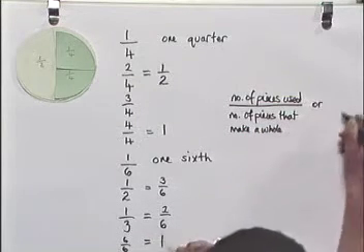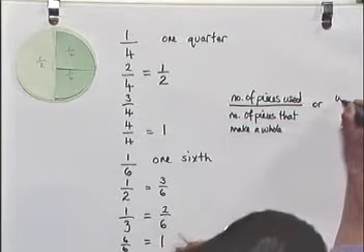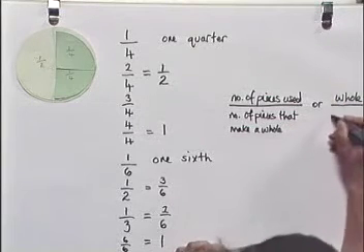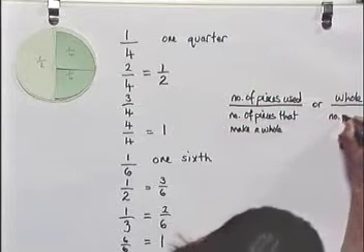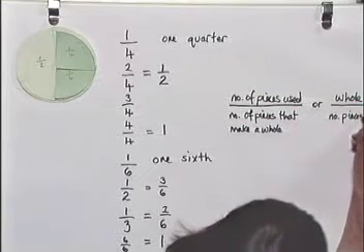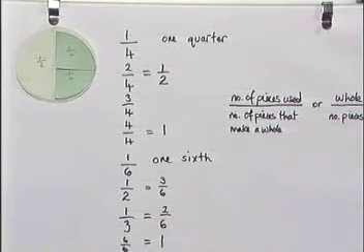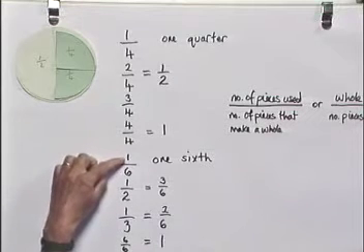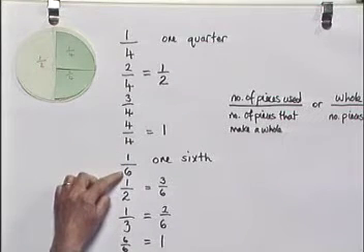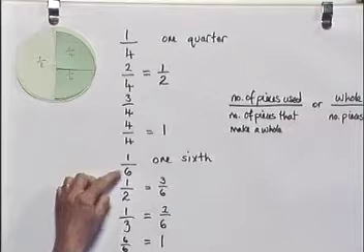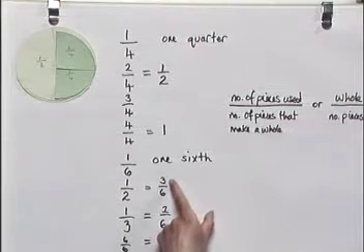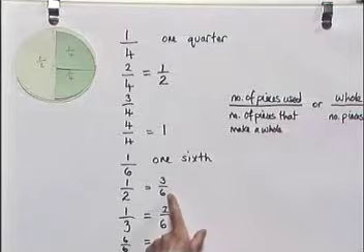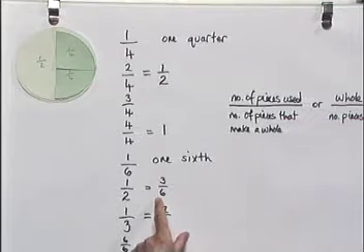Or as the whole divided by number of pieces or number of people that we've divided it into. So here we have a whole bar divided into 6 pieces. Here we have the number of pieces that we've taken divided by the number of pieces that make up the whole bar.